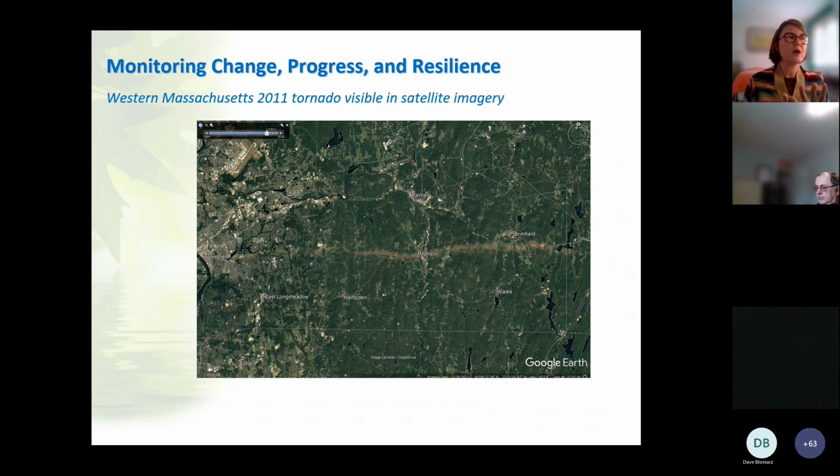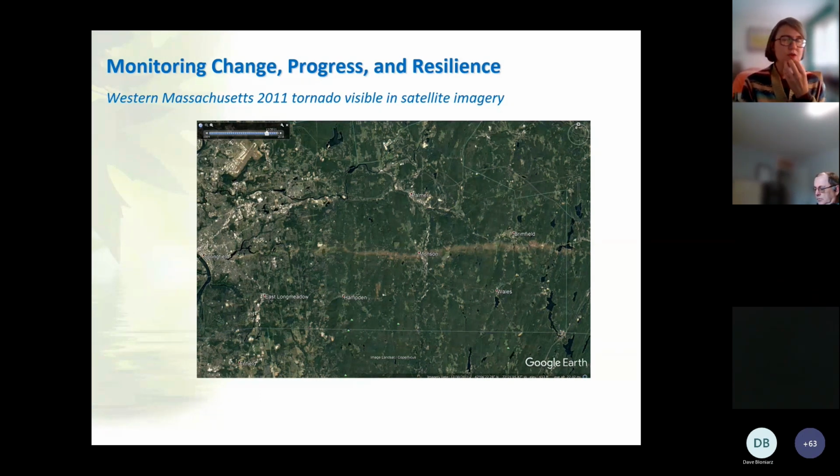And I quickly want to show off one of the additional things that Springfield and basically Western Massachusetts was able to accomplish with a canopy change survey. This was a really interesting development related to what you might call an environmental, natural disaster type impact.